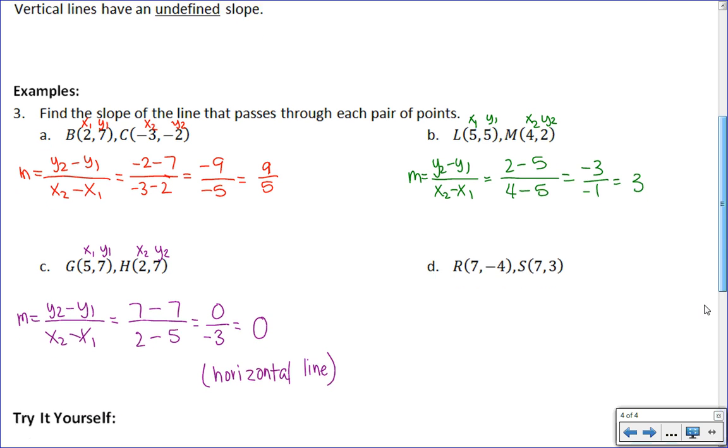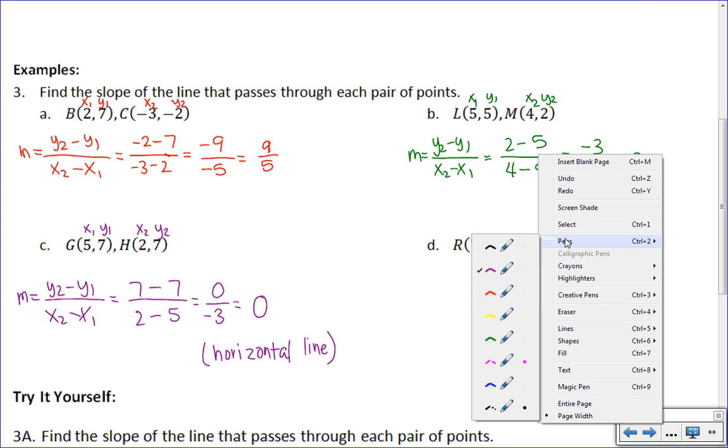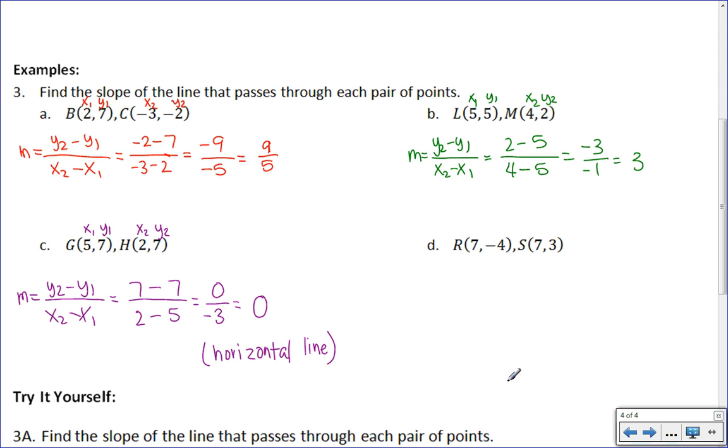Okay, one more. Okay, again, our slope formula, y2 minus y1 over x2 minus x1, and label the points, x1, y1, x2, y2. And then substitute. Y2 is 3 minus y1, which is negative 4. Now, I'm going to point this out because a lot of people make this mistake, and I'm hoping that you will not be one of them.